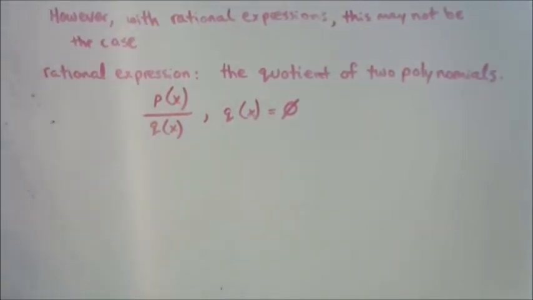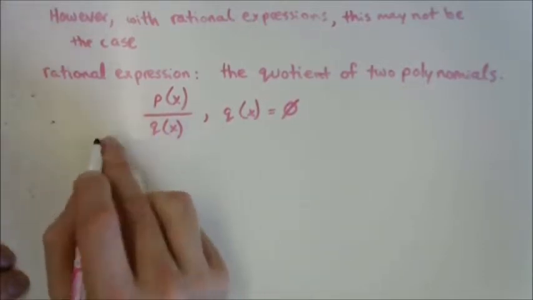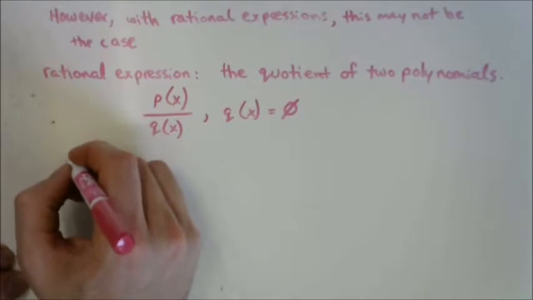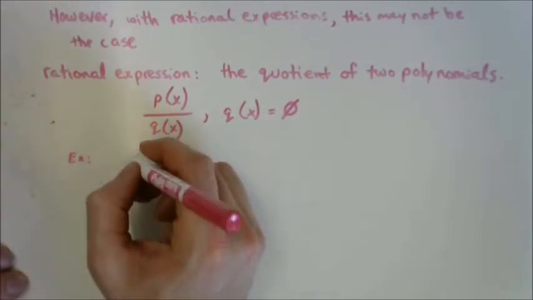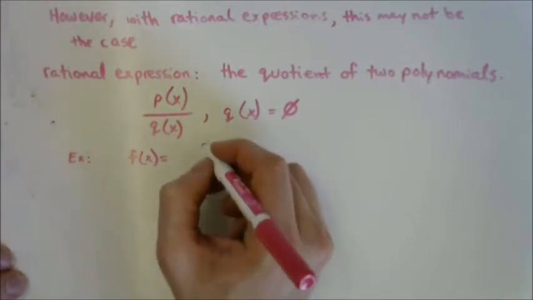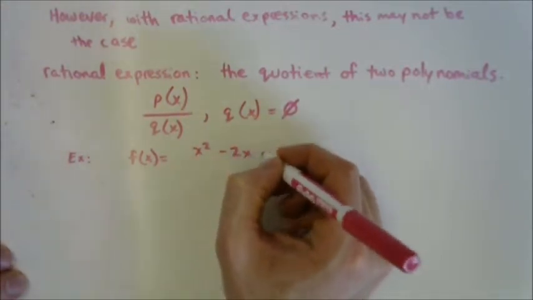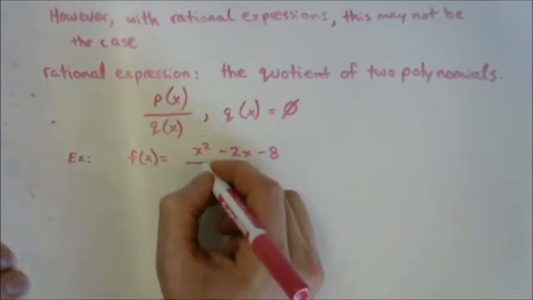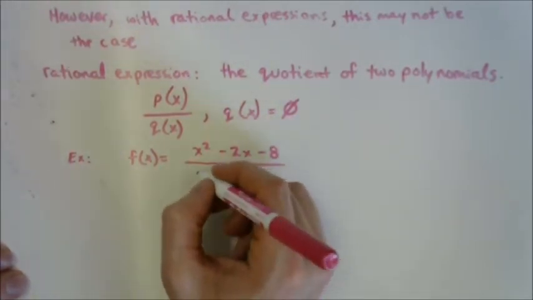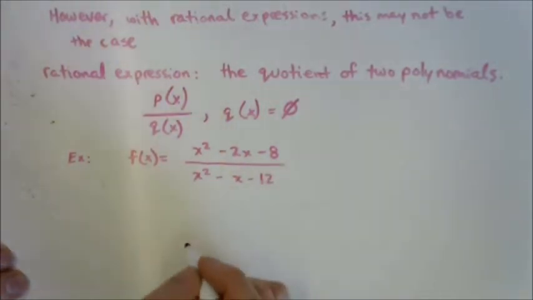We'll continue on using that same example. In example 1, we had this function, f of x equals x squared minus 2x minus 8 over x squared minus x minus 12.